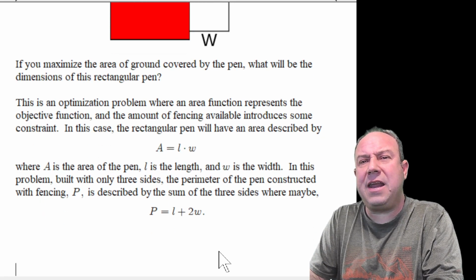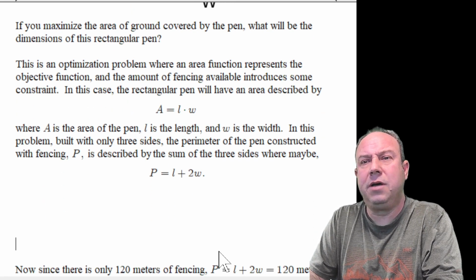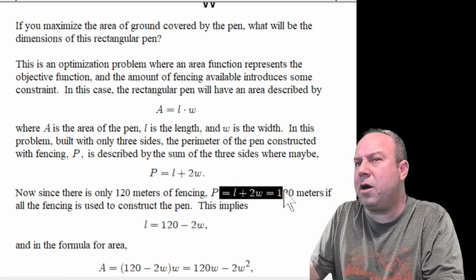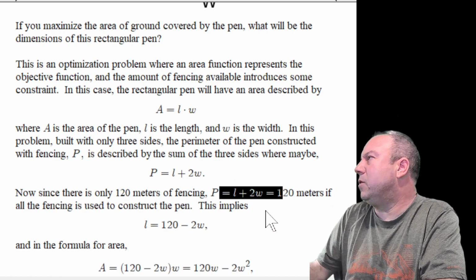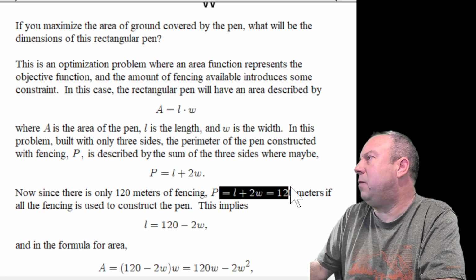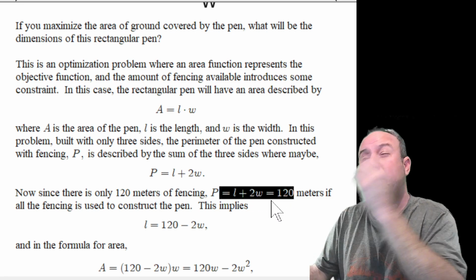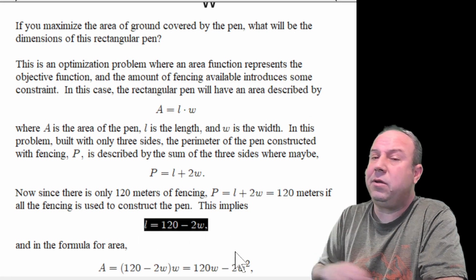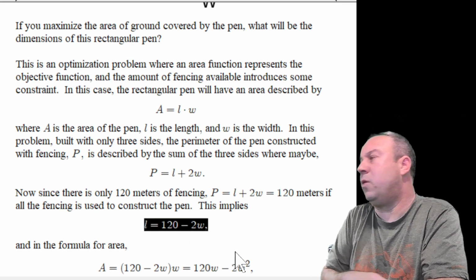We know that that has to equal 120. And under that constraint, where our perimeter is equal to 120 meters, or L plus 2W must equal 120, I can solve for L, and that will imply that L is equal to 120 minus 2W.